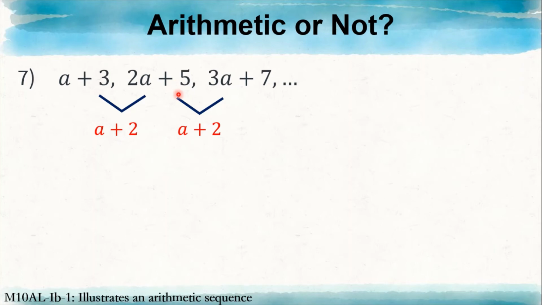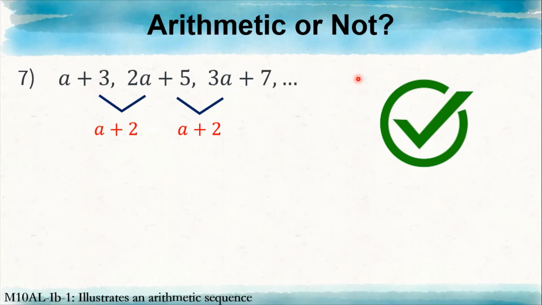Then 2a plus 5 plus a plus 2, combine lang like terms, a sa a and then constant sa constant. So we have 3a plus 7. So we have a constant number being added to each of the terms. Therefore, this is an example of an arithmetic sequence.